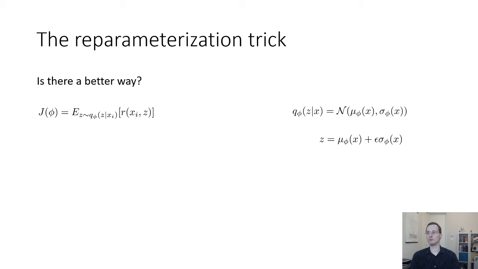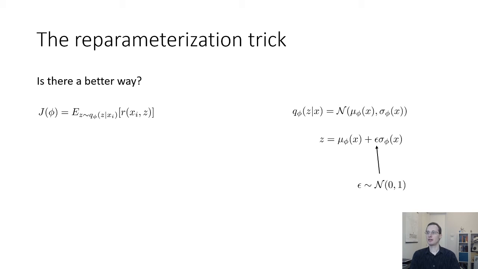So z is equal to mu phi of x plus epsilon times sigma phi of x, where epsilon is normally distributed with mean 0 and variance 1. This is because a Gaussian with a non-zero mean and a variance that is not 1 can just be expressed as an affine transformation of a 0-1 Gaussian. So this is always true.